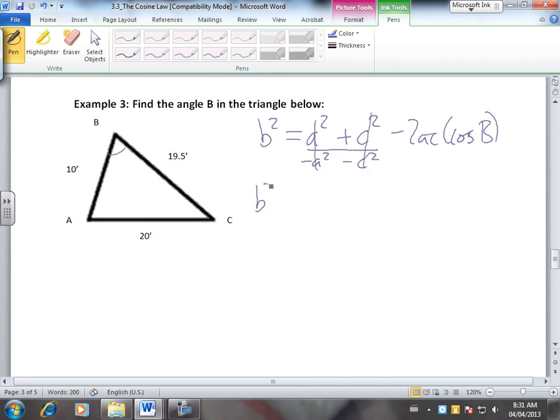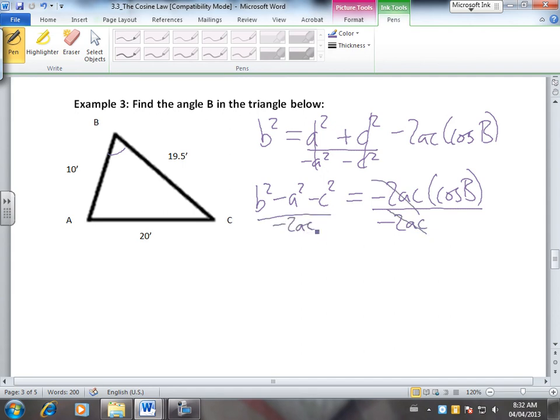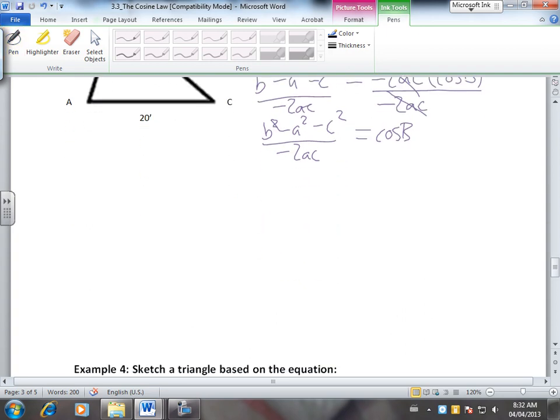So I'll have b squared minus a squared minus c squared equals negative 2ac cos b. Then to get cos b by itself, I'll divide by negative 2ac. Then I end up with b squared minus a squared minus c squared over negative 2ac, and I have cos b. Now I can fill in my values.